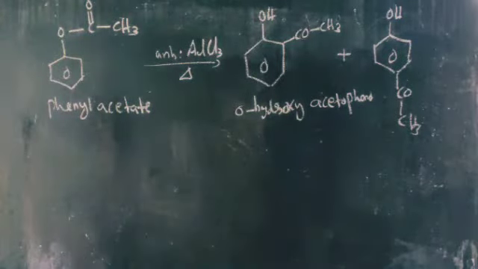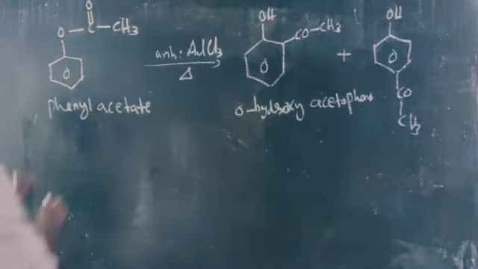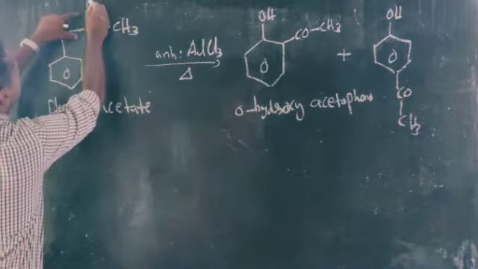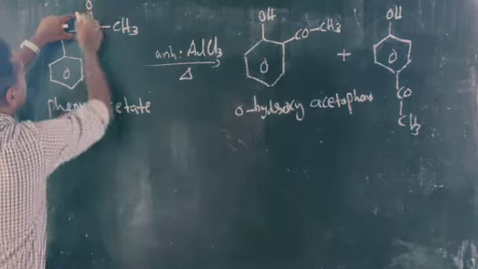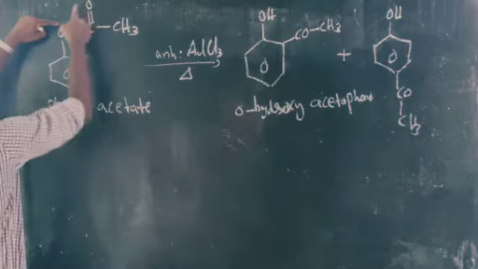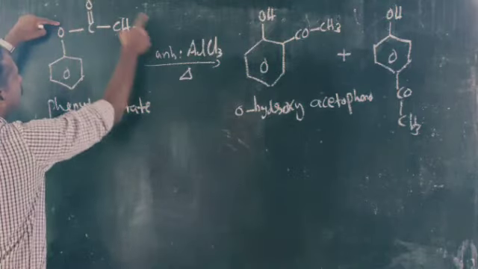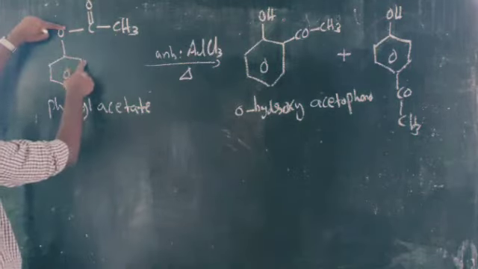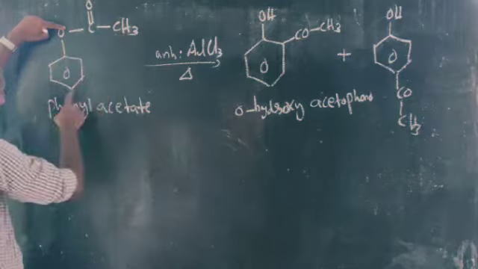Here you can see that there is a migration of a group. The COCH3 acyl group migrated from oxygen to carbon, or from oxygen to the para carbon.